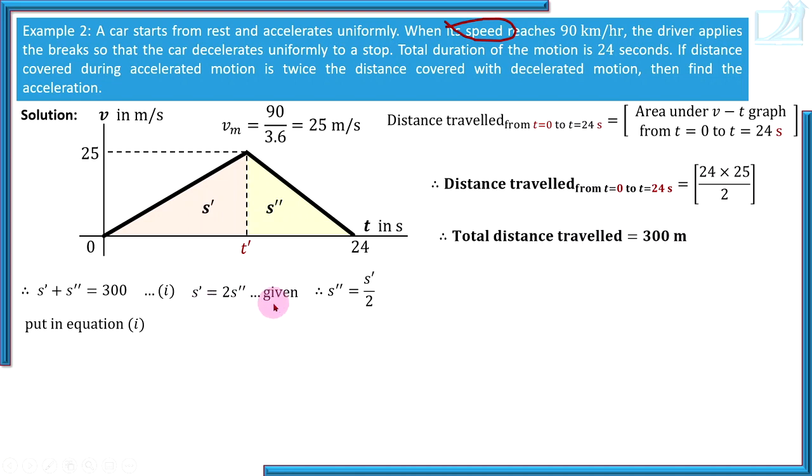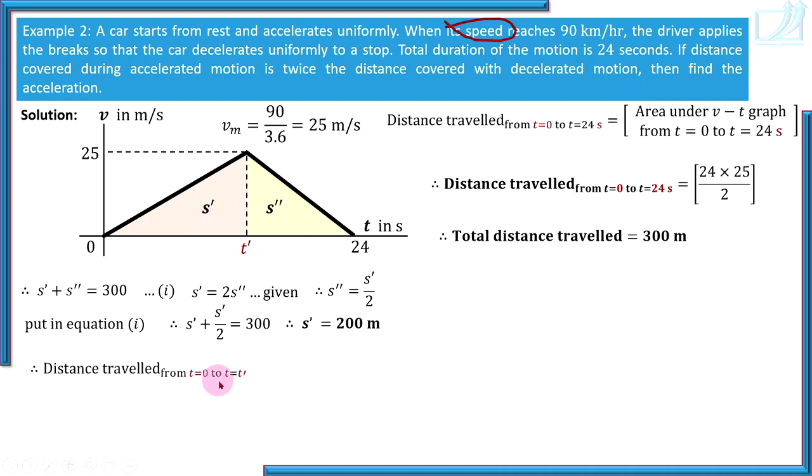So from this equation, S double dash is S dash by 2. Put it in equation 1 and you have found S dash. So S dash is 200 meters, means S double dash is 100 meters, because total distance travelled should be 300 meters. So this is how we have found the distance covered during acceleration and during retardation.